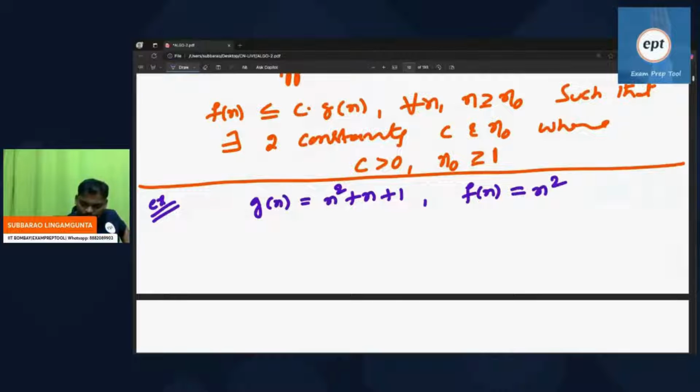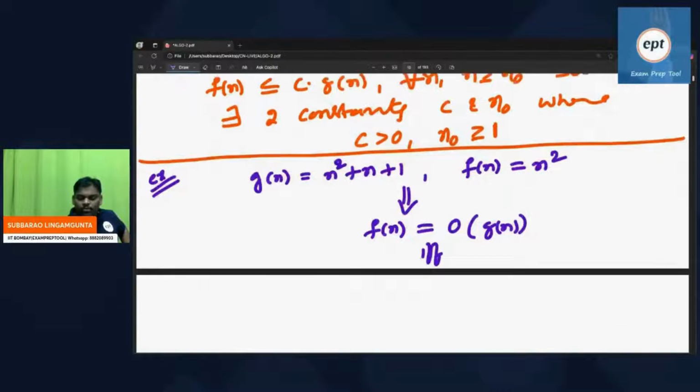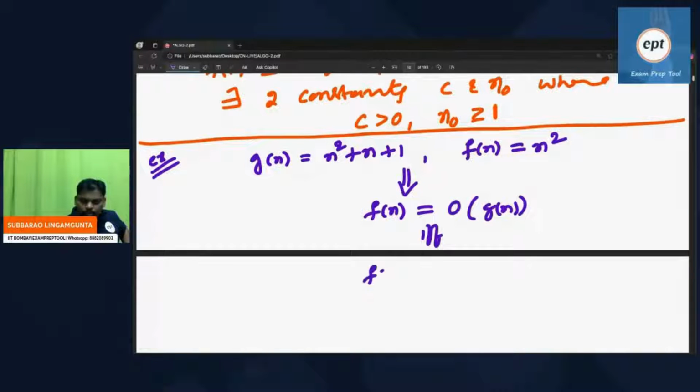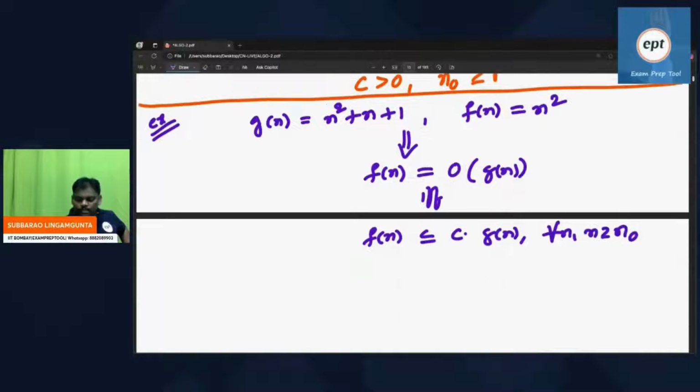Now listen. If this is the question, I want to say f of n is big O of g of n. If and only if you want to say this, you have to satisfy this condition: f of n less than or equal to some c into g of n for all n where n is greater than or equal to n0. Let me try whether it is satisfying or not.